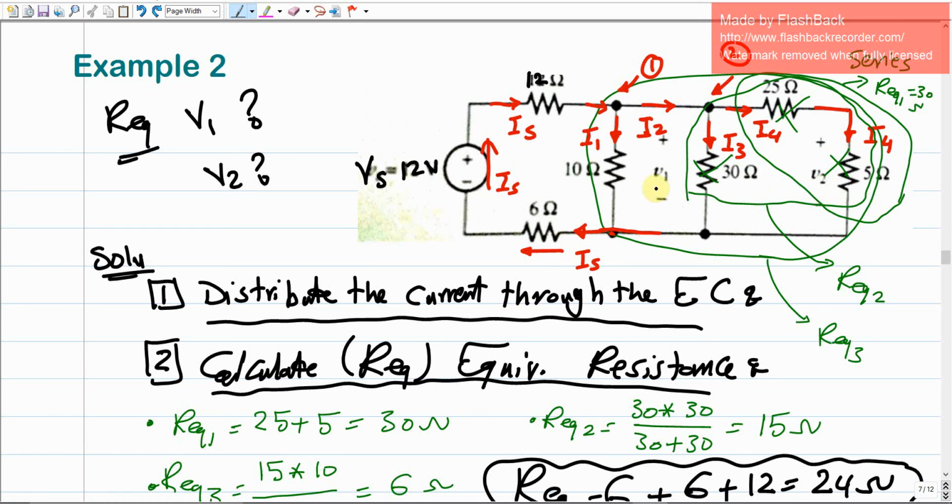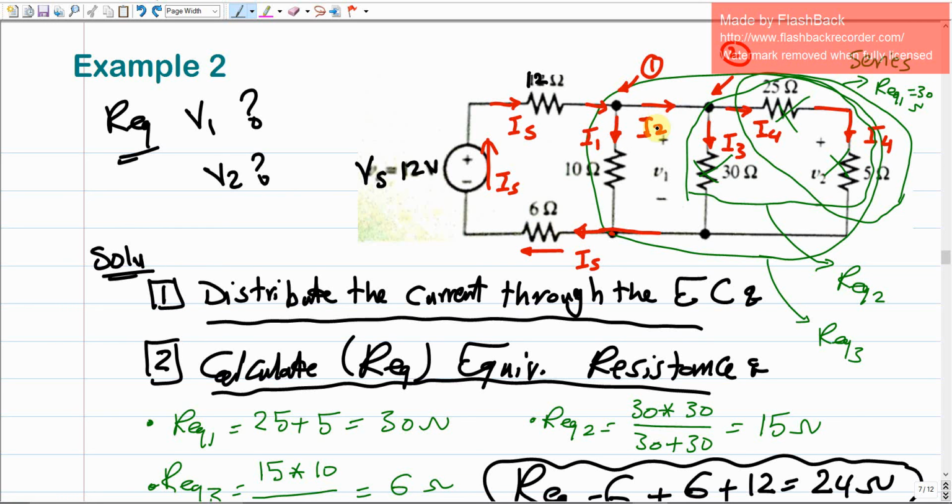So to calculate V1 and V2, basically, we need I3 and I4. Why? Because if I ask you how much is V1, you're going to tell me that V1 should equal I3 times 30. Agree? How much is V2? It should equal I4 times 5. Make sense? So what does it mean? It means that I should find I3 and I should find I4. To find I3 and I4, basically you should find first I2.